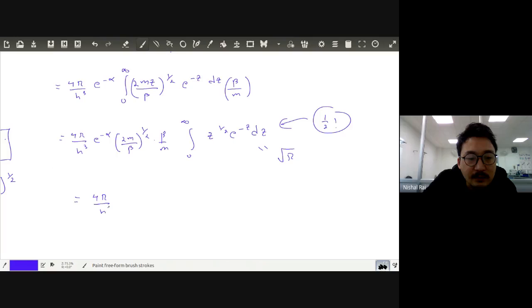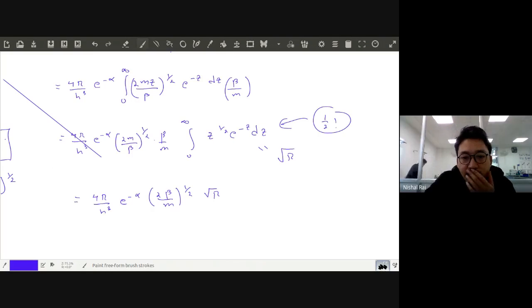4 pi h cube e to the power negative alpha. Beta and m will cancel out to give you 2 beta by m to the power half, and this will be root of pi. So now you have a certain kind of relation for your alpha.